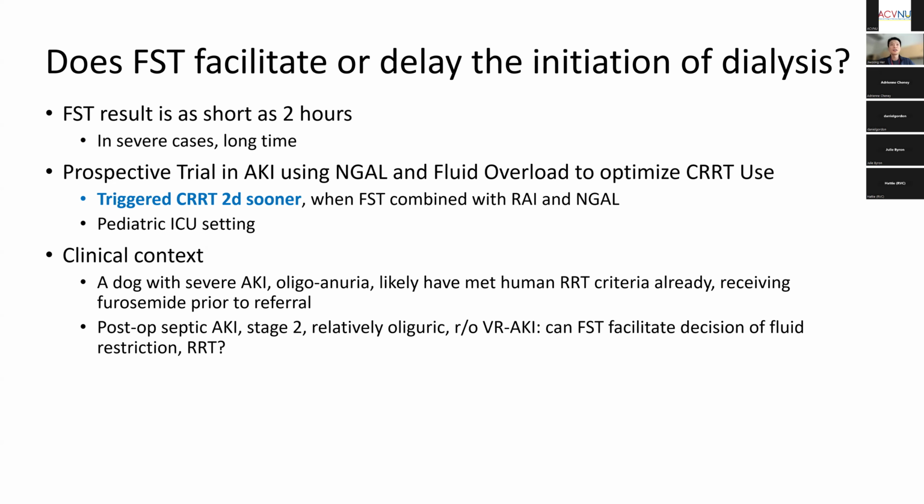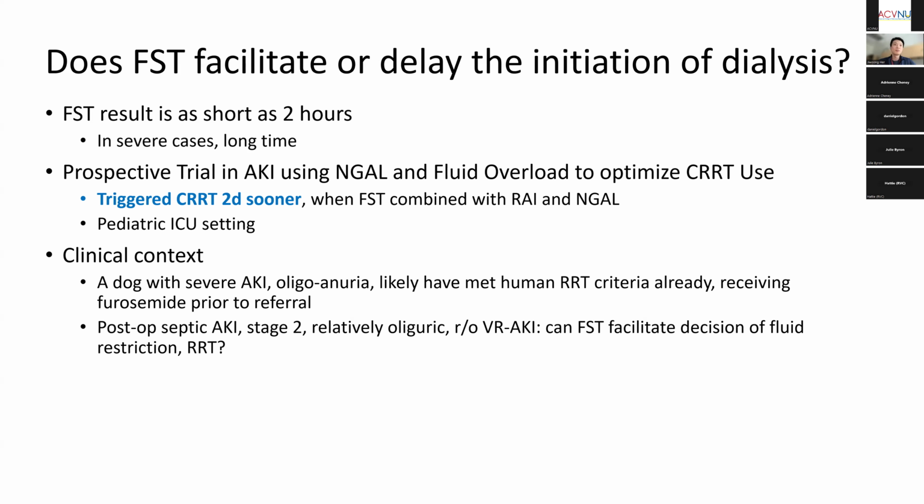So in the clinical context, if I think about an adult coming in with severe AKI with oliguria who likely already meets the human criteria, and everybody knows the dog would likely need to go the dialysis route, getting another test done before referral is probably not going to help much. Or maybe if that test is done at 4 p.m. and they end up coming the next day, it's probably worse for the patient outcome.